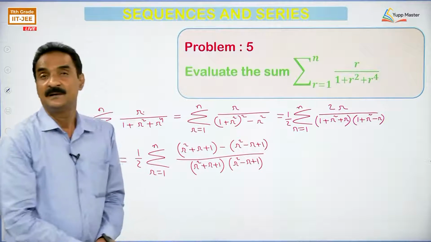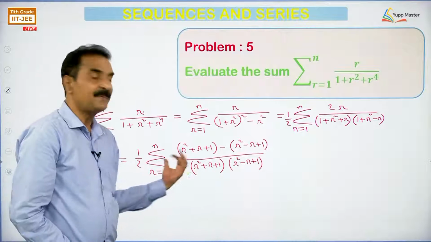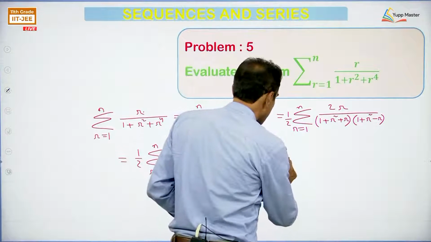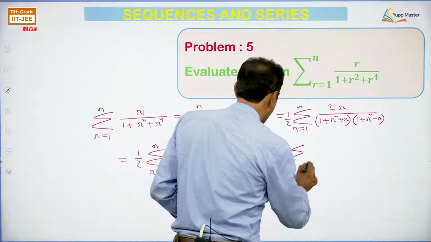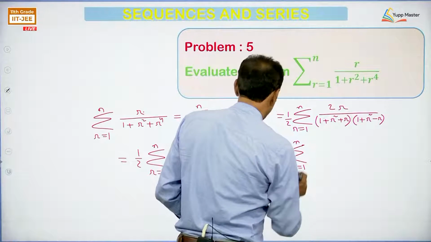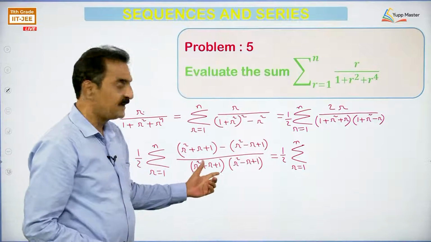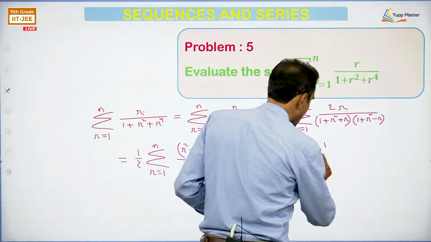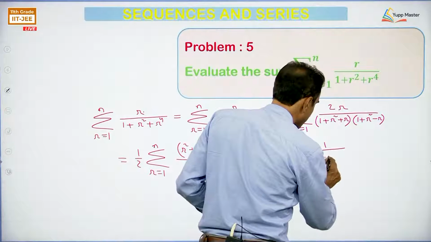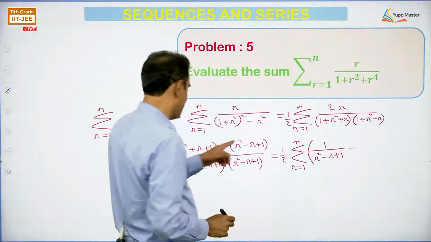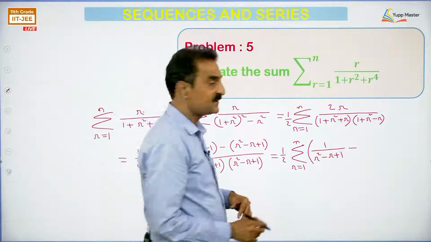Alright. Now, separate the denominator, you will get half into sigma r varies from 1 to n. This by this is 1 by r square minus r plus 1, minus this by this is 1 by r square plus r plus 1.